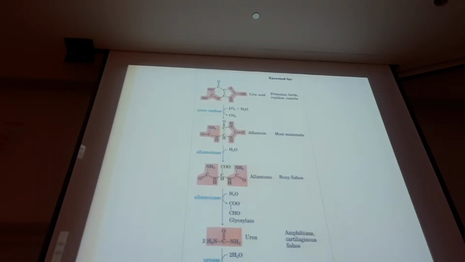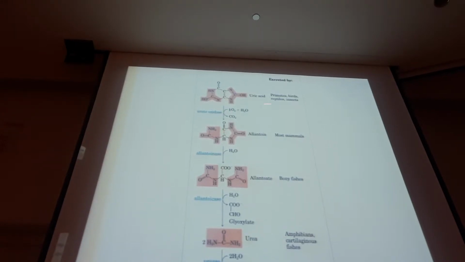This is secreted, as I said, by most mammals, but I want to point out that this reaction also requires water. Okay? And if you look at all these different degradation products that are produced by these other organisms, we see that they all include water for hydrolysis reactions.